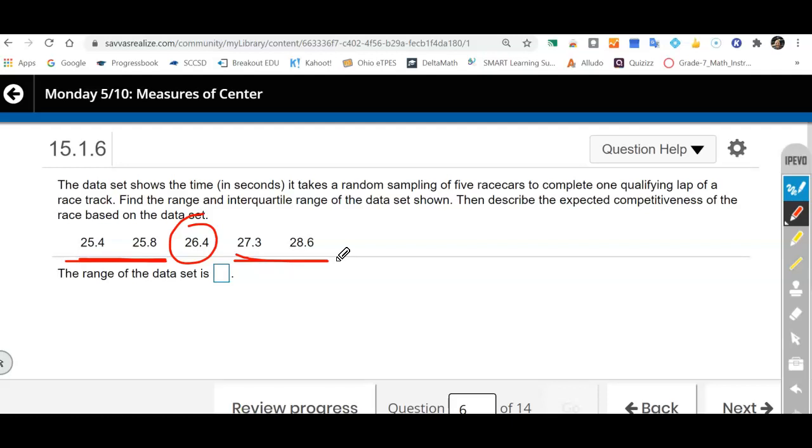Okay, so what did I get for the bottom half? What did you get, Lorelai? 25.6. What did we get for the top half? What did you get, Jeremy?